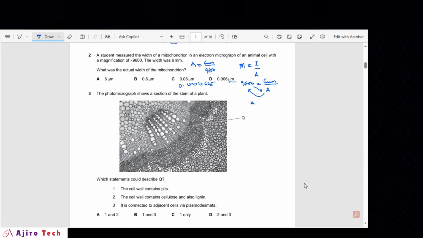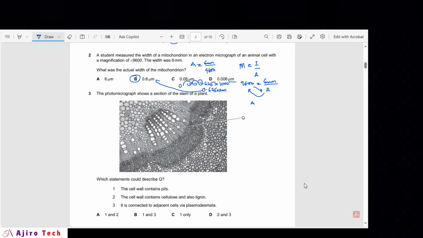And in micrometer, you multiply by 1,000, which is 0.625 micrometer. And to 1 decimal place, you have 0.6 micrometer.